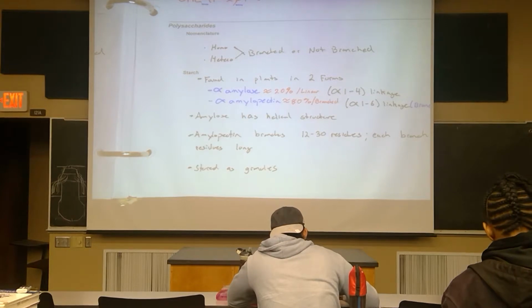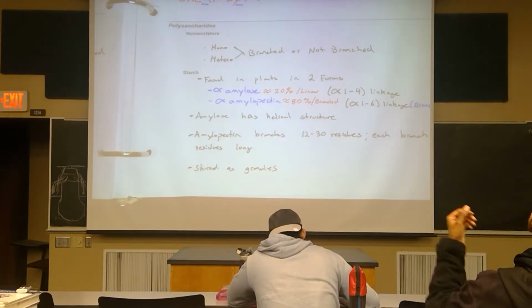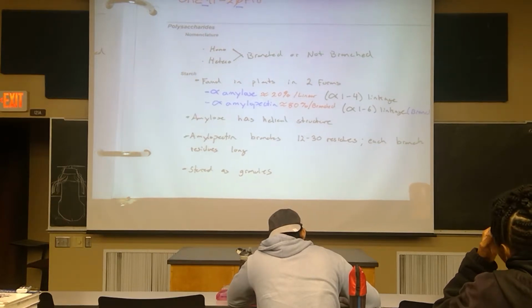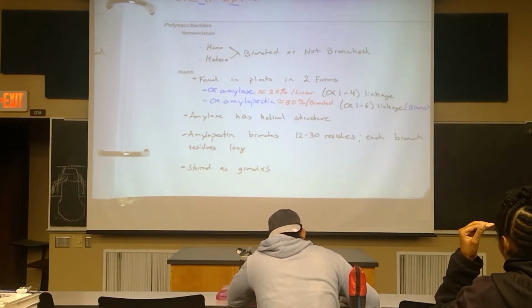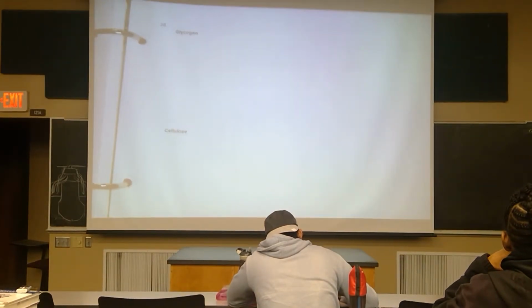Plants can break starch down for energy using starch phosphorylase. We do kind of break down starch in our mouth. Our digestive system doesn't do anything with it, but it does break down partly in our mouth using salivary enzymes. The animal version of starch is glycogen.